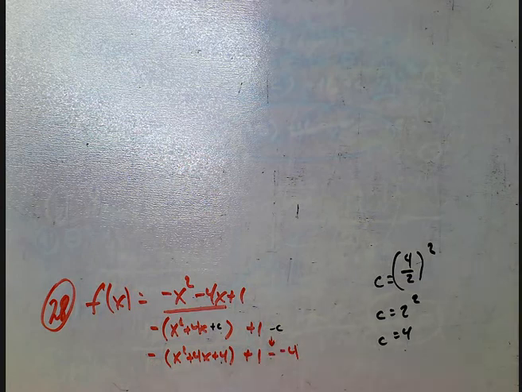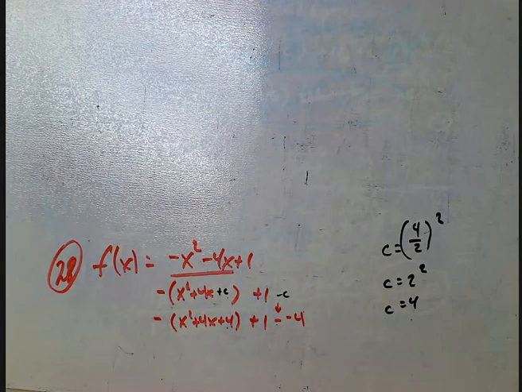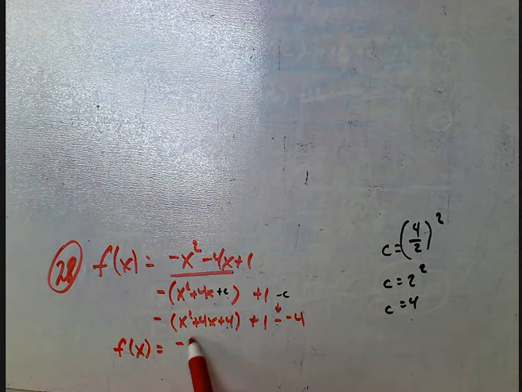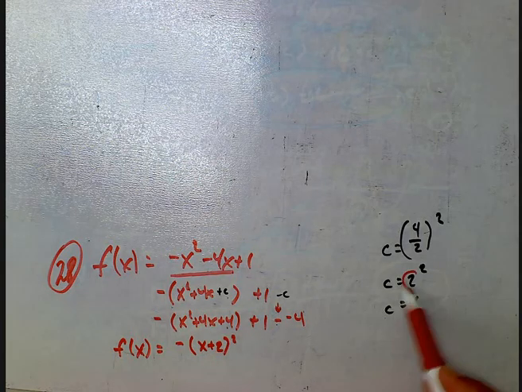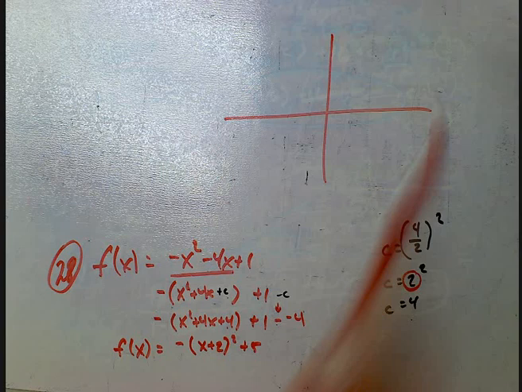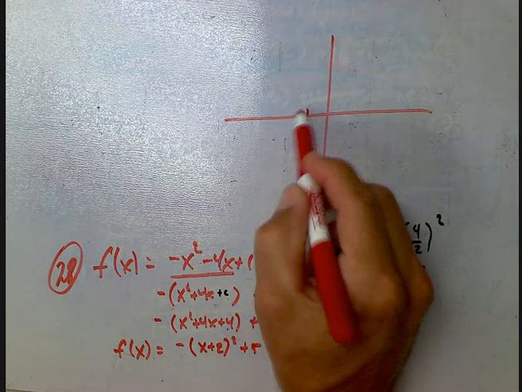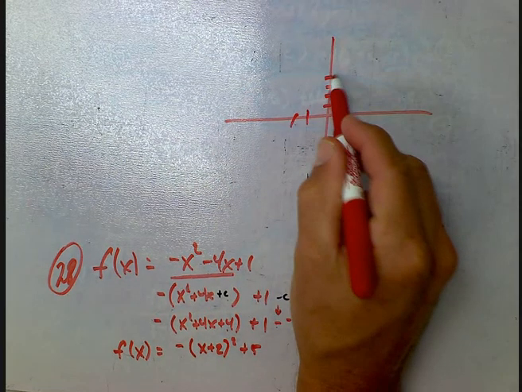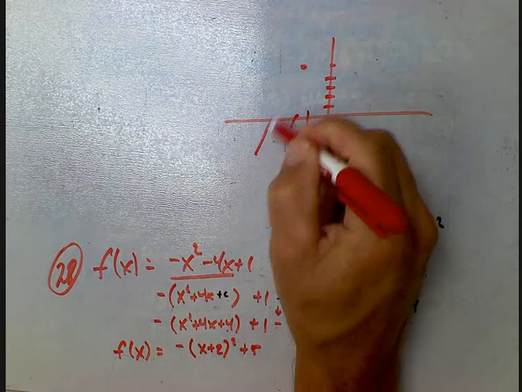And so the final answer is f of x equals negative parentheses x plus 2 quantity squared. Again, that number 2 comes from inside the parentheses. 1 minus negative 4 is plus 5. To sketch my graph, 2 left, 5 up: 1, 2, 3, 4, 5 up. The negative sign flips it upside down, and it looks like that.